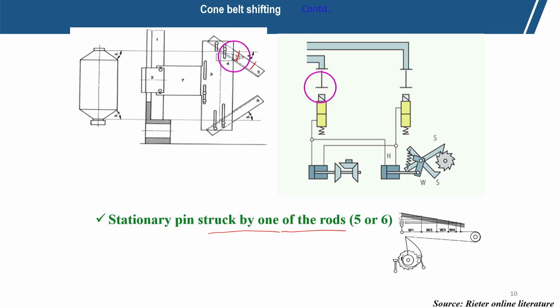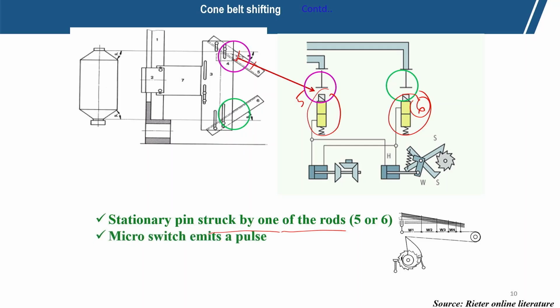Either 5 or 6 emits the signal, and they are connected with the pneumatic cylinder. They get excited and receive the signal.